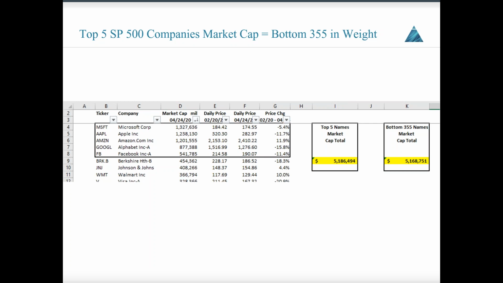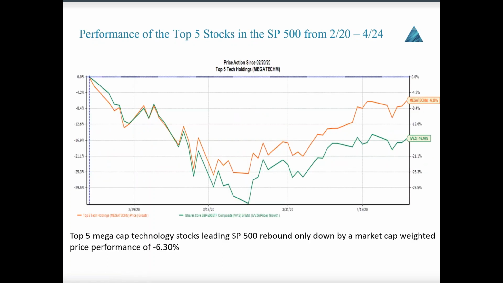Now, again, this has implications across the board for how you are going to effectively tilt your portfolios if you expect to effectively downside hedge your portfolio against another downturn, say COVID makes a return, or for whatever reason we get some sort of social unrest that Jeff Gundlach is calling for, and markets turn negative. You're going to need to know that there is a tremendous bias baked into the performance of just these 5 names versus the remainder of the bottom 355 names. Okay, so keep this in mind. We're going to build on this concept.